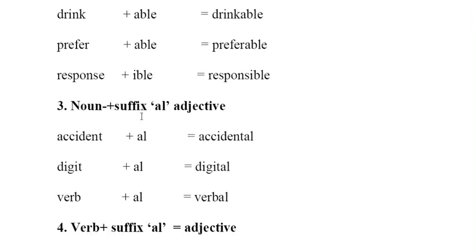Then noun plus suffix al and it becomes an adjective. Accident plus al, accidental. Digit plus al, digital. Verb plus al, verbal.